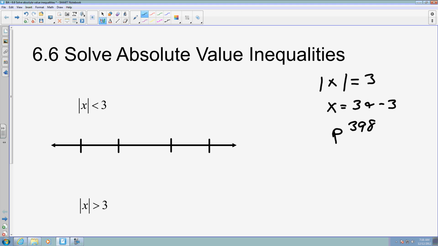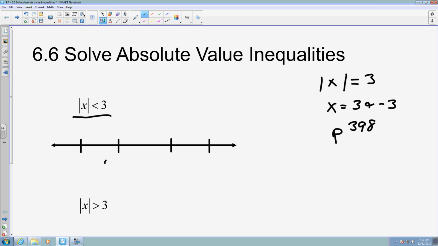And the absolute value of x that's greater than 3 means that the distance between x and 0 is greater than 3. The graphs of the absolute value of x is less than 3 and the absolute value of x is greater than 3 can be shown as, so if I had my top one right here where the absolute value of x is less than 3, I can write the graph looking like this.